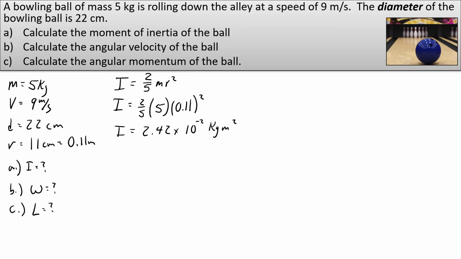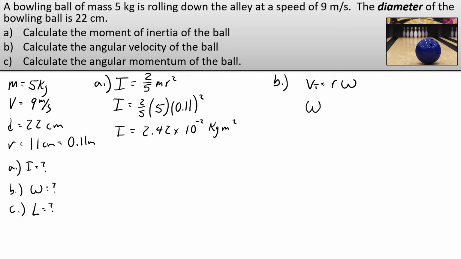Part B says to find the angular velocity. Well, we know what the linear velocity is. Don't forget about the switcheroonie there, okay? In your reference table, there's a formula that looks like this, and it'll pop out an answer in radians per second when you use this.